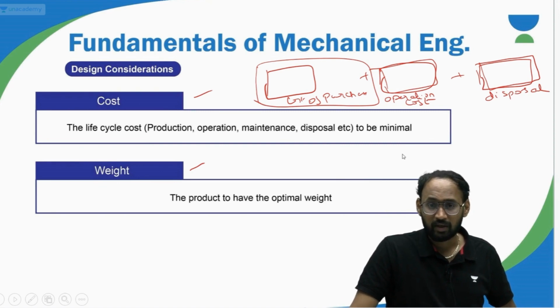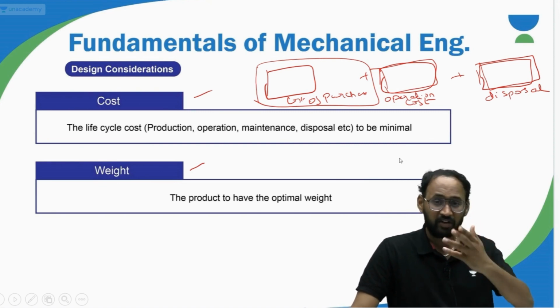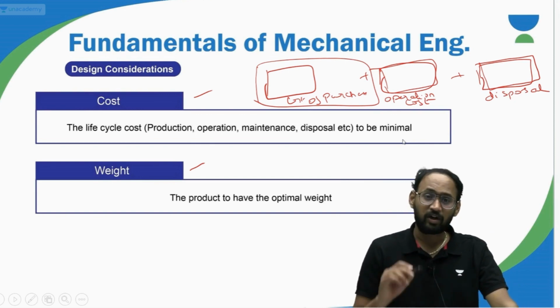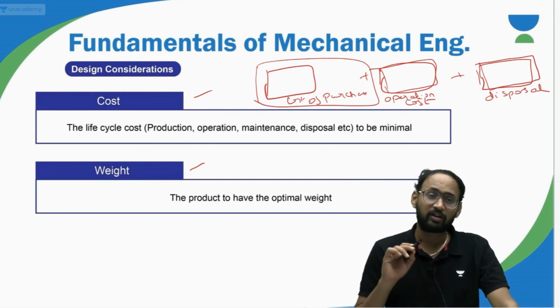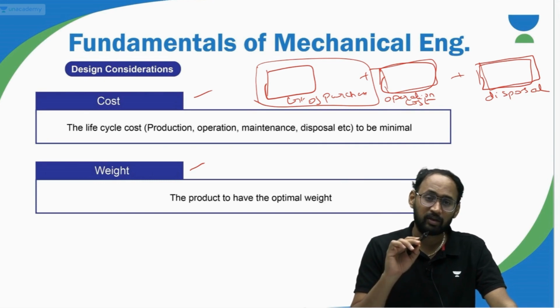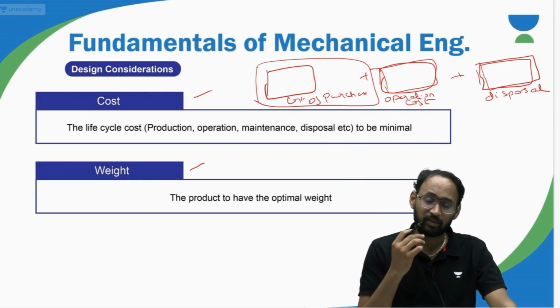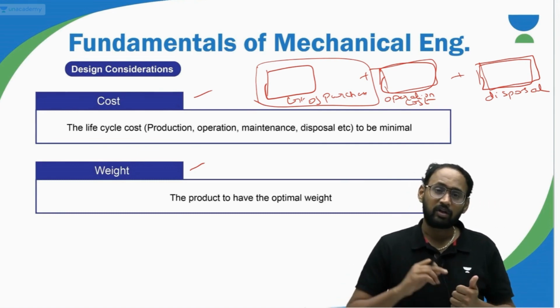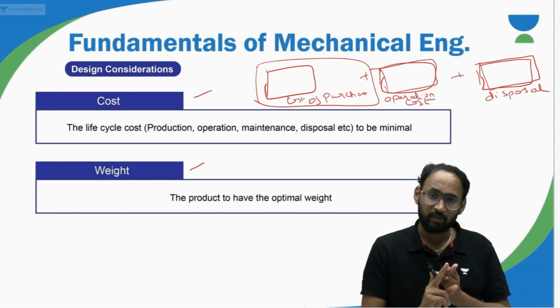Say for example you are manufacturing a mobile phone. It's not only the product cost, it's not only the one-time investment or the production cost which you have to think through when designing the product. You should also think about the maintenance cost or operation cost.